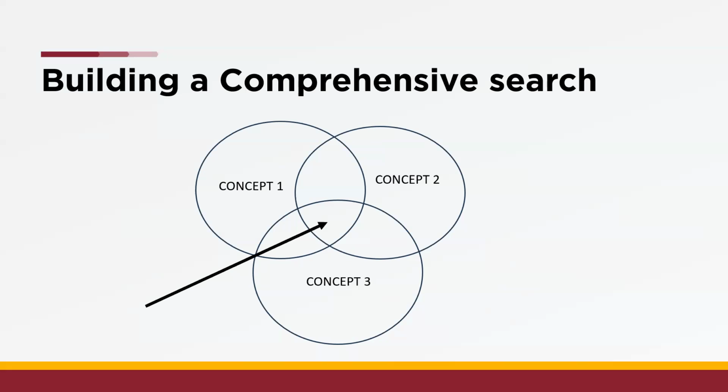That red line that we just drew will ideally be the middle of this Venn diagram. It'll be all of the stuff that matches those three concepts together when we search. Let's walk through what that actually looks like in an example.